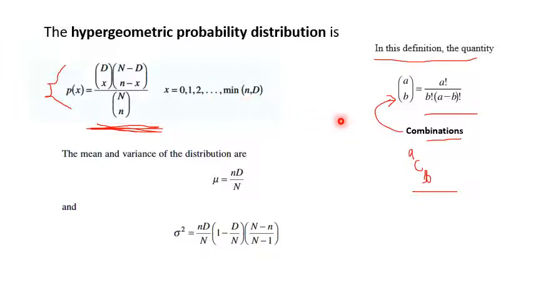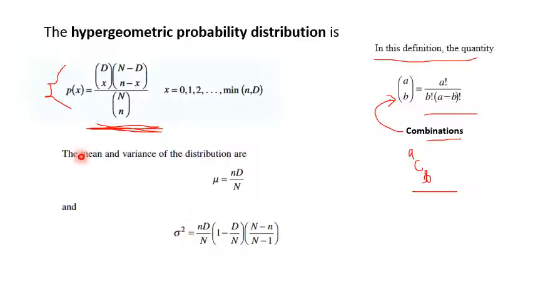So in this formula, the quantity D choose x is the normal combination, like the normal combination formula: a combination b is equal to factorial a divided by factorial b multiplied by factorial of a minus b, or aCb. This is the normal combination formula we know from class 11th or 12th.